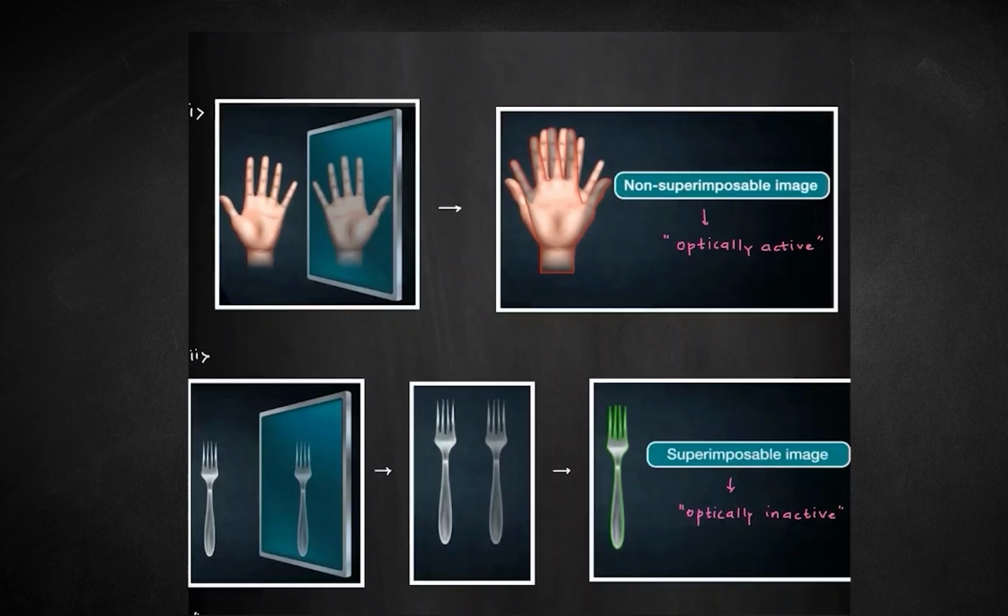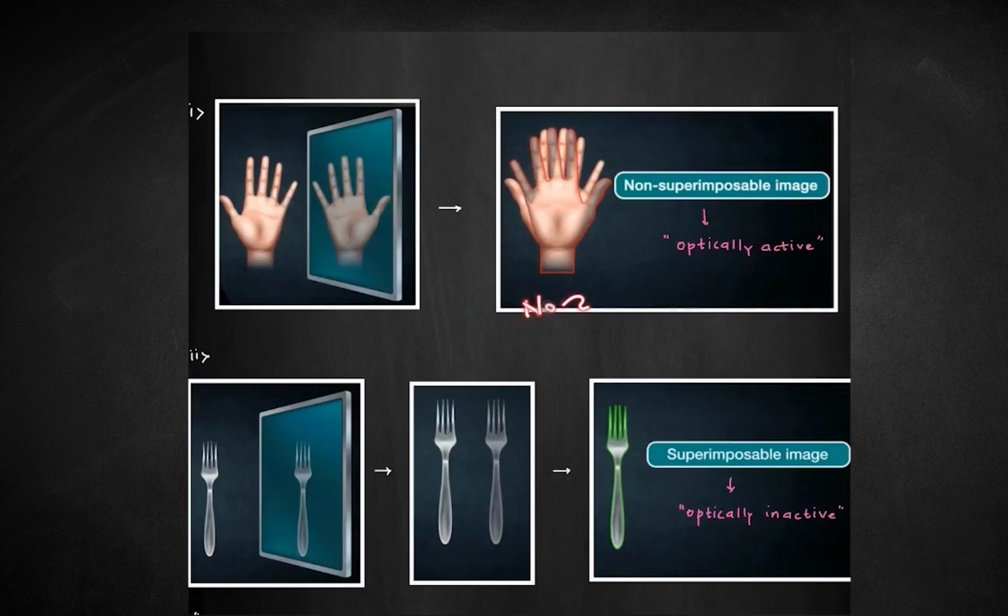Clear? Now take this particular hand, take the mirror image. Now keep this over the real object. You will see this is the real object and this is the mirror image. Now are they exactly superimposed on each other?